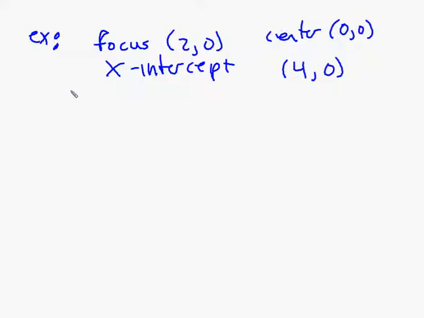Now, I don't have to graph it out too much, but I might want to. When you're in doubt, you don't know what to do, start a sketch. So I have a focus at 2, 0. So here's a focus. And I have an x-intercept at 4, 0. I know my center is right here. You with me on those?